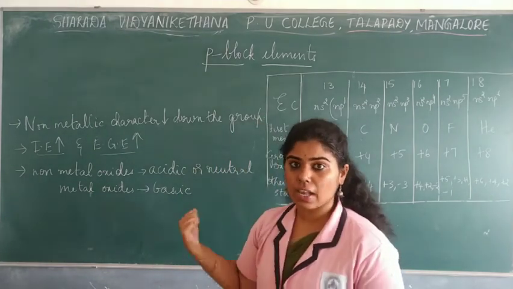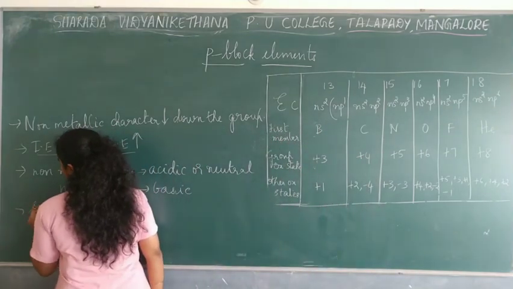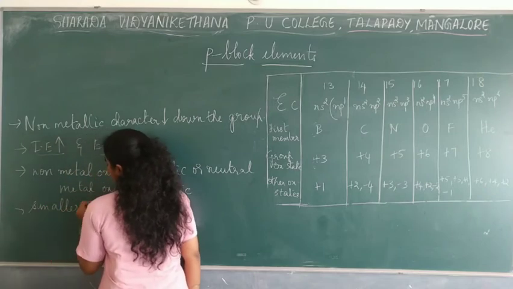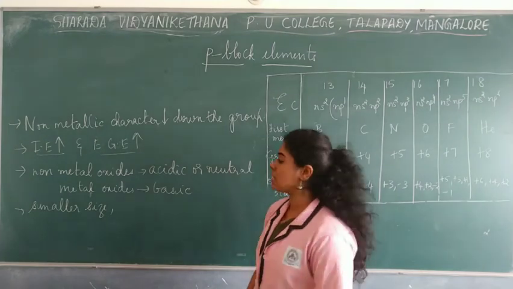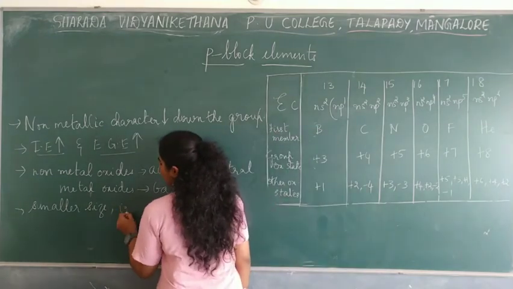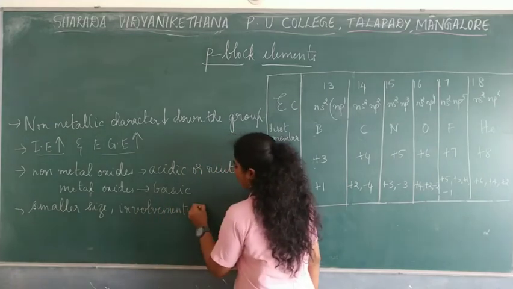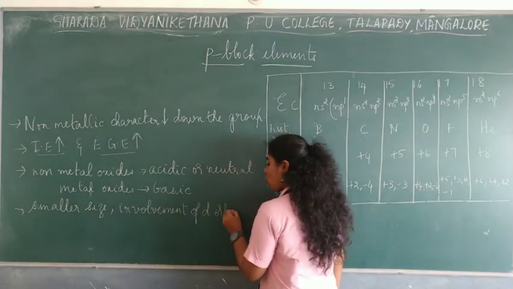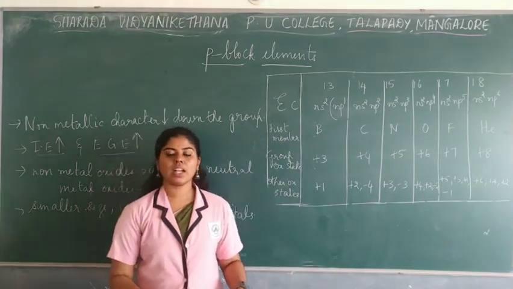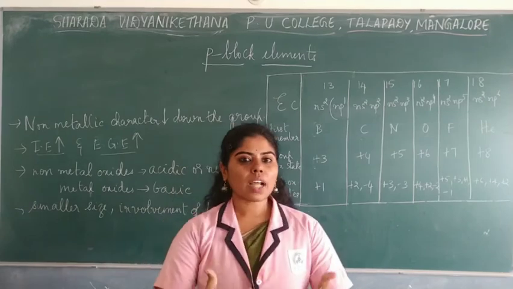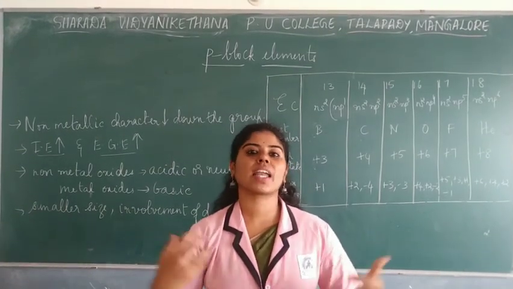The second thing which applies especially to the p block elements, the first being smaller size, is the involvement of d orbitals. As you go down the group, if d orbitals are involved, what happens to the number of orbitals, and to the number of bonds that can be formed?